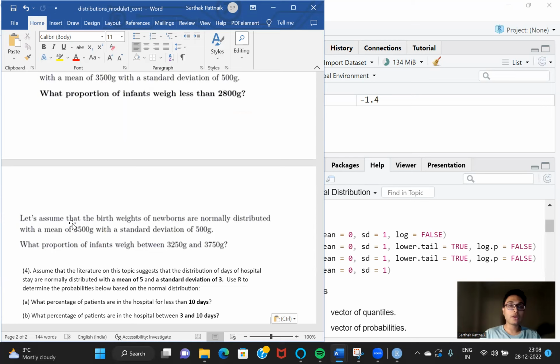What proportion of infants weigh between 3,250 grams and 3,750 grams? I'll tell you how to solve this using the normal distribution, but before you see the solution, please pause this video and try this problem by yourself. Once you've tried it, you can follow along with me as I solve this question.